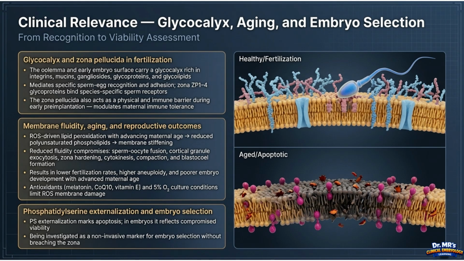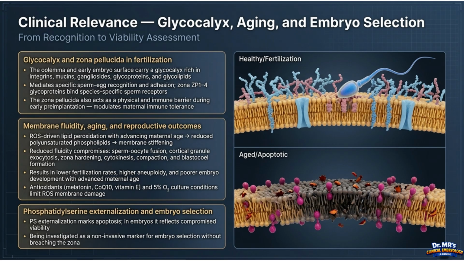Sperm-oocyte fusion is less efficient because membrane merger requires adequate fluidity. Cortical granule exocytosis is impaired because vesicle fusion with the oolemma is slowed. Cytokinesis, the physical division of the cell, requires membrane deformation that stiff membranes resist.